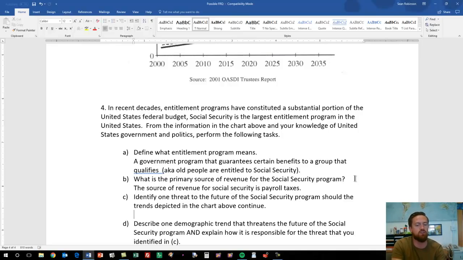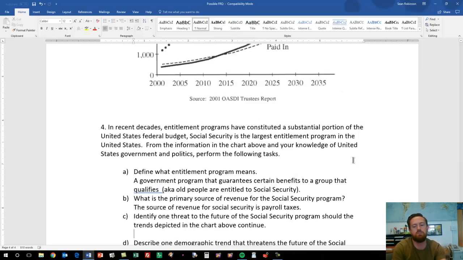Identify one threat to the future of Social Security should the trends depicted in the chart continue. So tell me a threat to Social Security based on the graph. Okay.